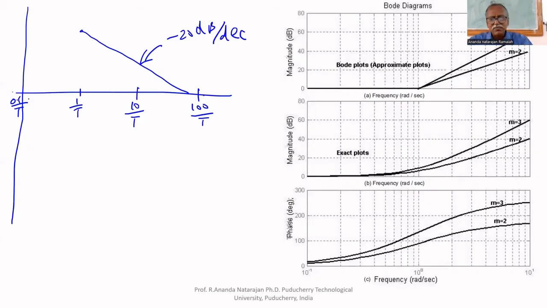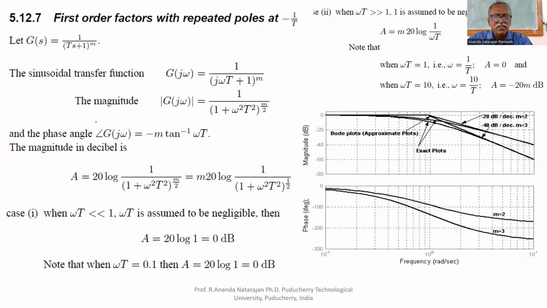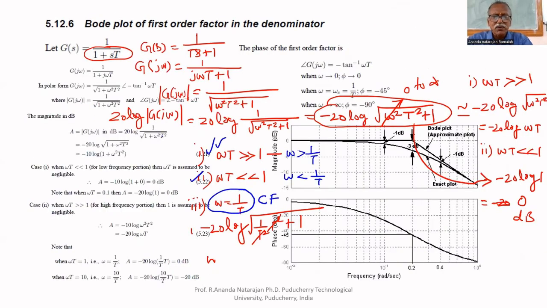Now, when omega is less than 1 by tau, it comes under this category. Omega tau is negligible because it is a fractional value. Let us substitute.